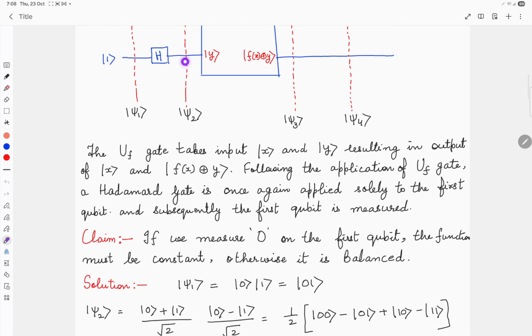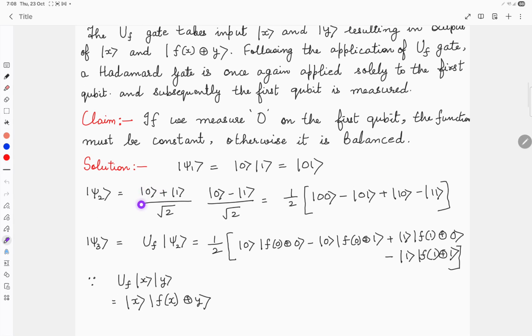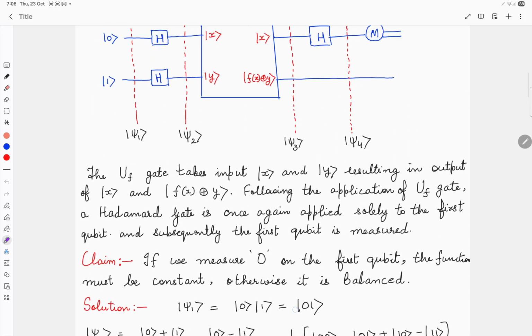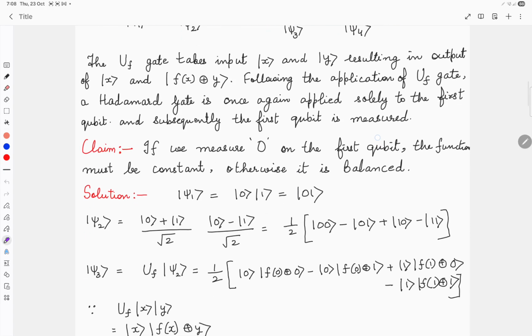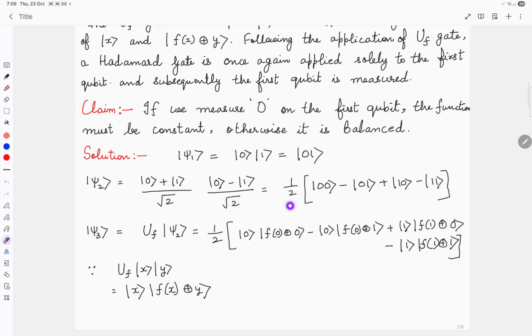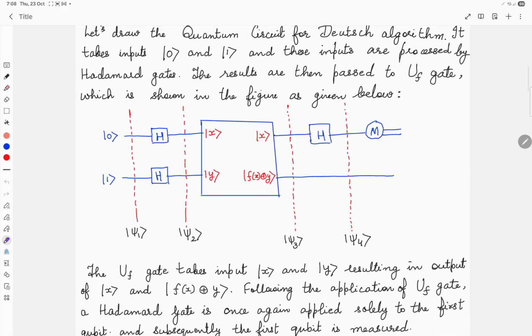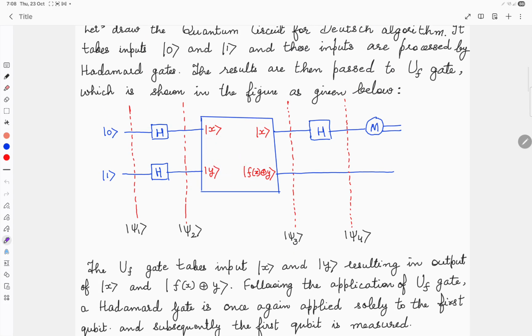So ket psi 2, at this point, the second stage, is ket 0 plus ket 1 divided by root 2 for the first qubit, and ket 0 minus ket 1 divided by root 2 for the second. Just solving it further, we will get this expression. Now, what is ket psi 3? This is the quantum oracle, which for ket x gives the same input repeated.